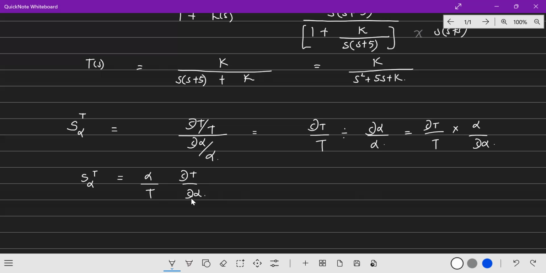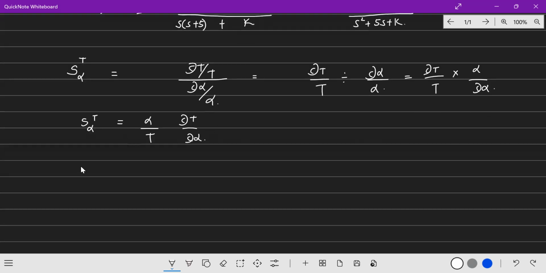Now in this case, our alpha is K. So we're going to write the sensitivity with respect to changing the variable K as K over T times del T over del K. We need to find these two. K is the variable there.